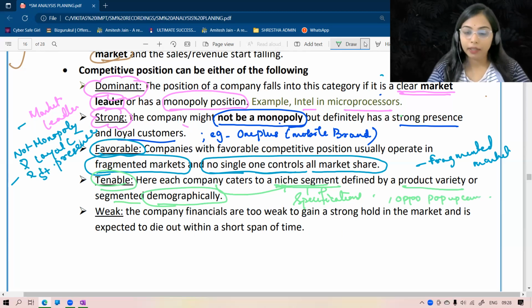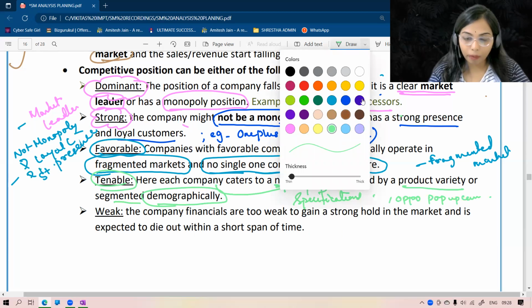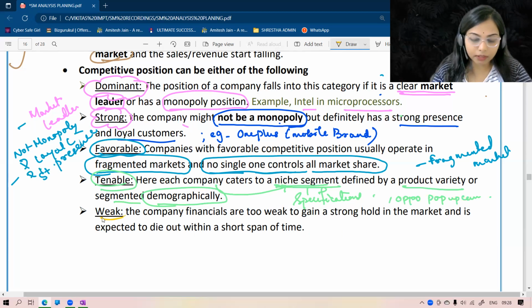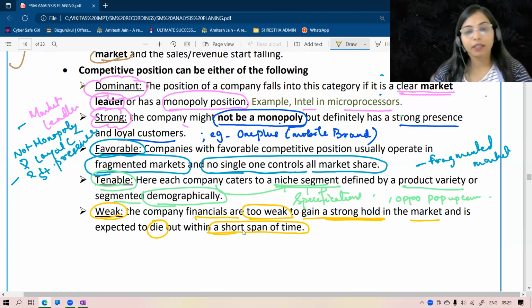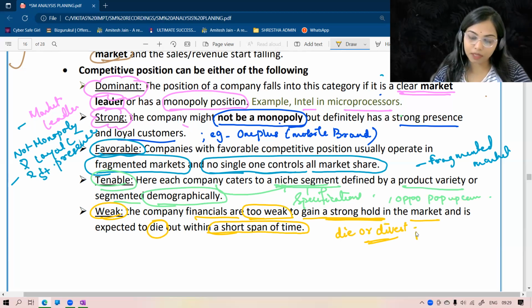Okay, next is weak. When will it be called weak? When a company is in a weak position, a company's financials are too weak to gain a hold in the market, and it's expected to die within a short span of time. Die or divest, which we read in the BCG matrix.